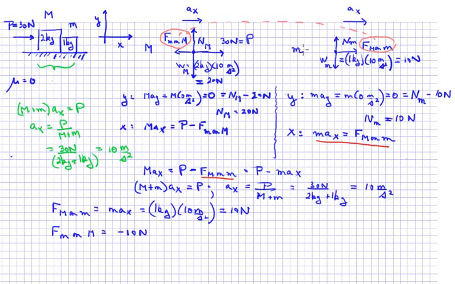So the free body diagram for little m is very similar. There are two vertical forces. Using the same logic, we can conclude that the normal force acting from the floor upwards onto little m is equal and opposite to the weight, 10 newtons for little m, and that for the x direction, little m times a sub x is equal to the net force in the x direction, which is simply this force vector from the FBD, the force of big M acting on little m.